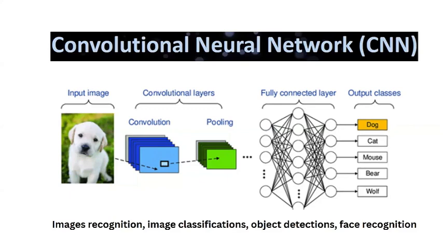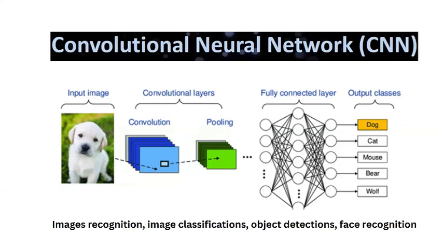Then it is sent to the fully connected layer. This connected layer is all about a neural network actually, so it can behave in a different way. I will explain it further. And then in the output, it classifies whether it's a dog, cat, or mouse, something like that.